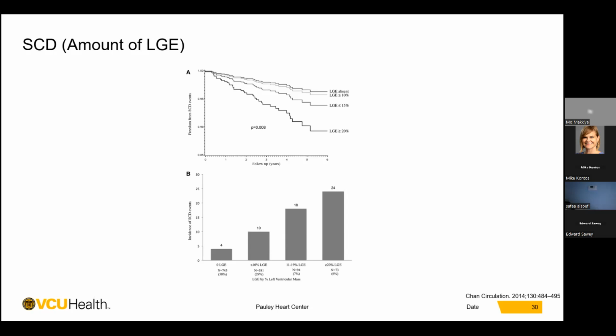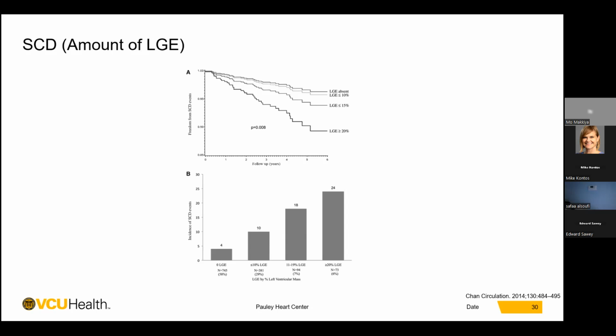We see the freedom from SCD events is greater in patients who have no or minimal LGE burden in this histogram below. And it's showing a positive relation between the amount of LGE and the incidence of SCD events.